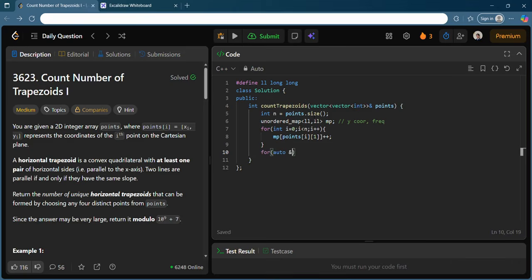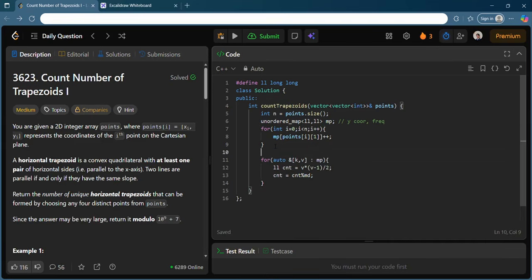Let us iterate through the map in the key comma value pair. Let us simply iterate through the map, and for this value we will first find the count. ll count will be nothing but v into v minus 1 by 2, and I will perform count equal to count modulo mod.